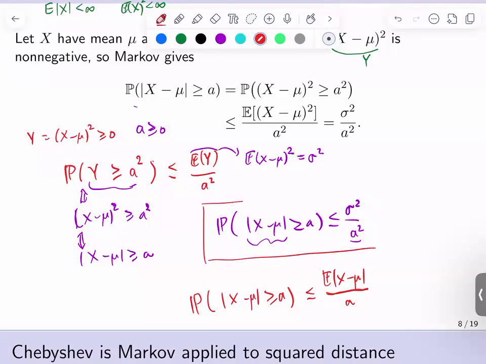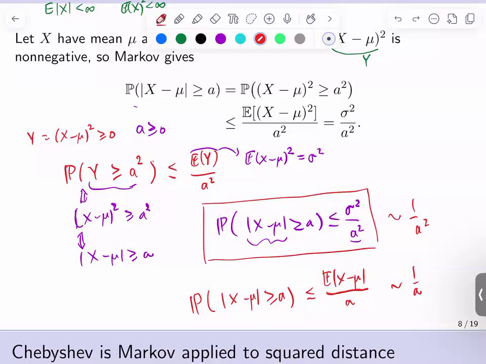It goes down like 1 over a squared. This goes down like 1 over a. And this is going down faster, second order polynomial. So this is saying that for a random variable that has a finite variance, the tail has to go down at least this fast, faster than a general random variable.